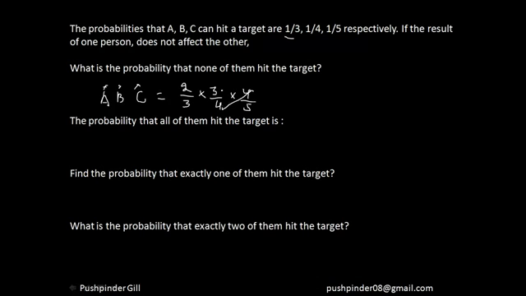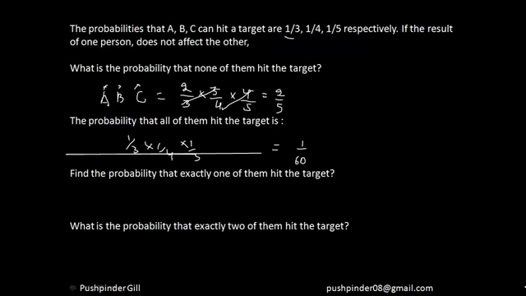So if you see, this and this gets cancelled, and the probability that none of them hits the target is this, right? Now we have to find the probability that all of them hit the target, that A also hits the target, B also hits the target, and C also hits the target, which is nothing but the multiplication of all the probabilities, which is 1 by 3 into 1 by 4 into 1 by 5, which is equal to 1 by 60, right? I hope everyone understood.